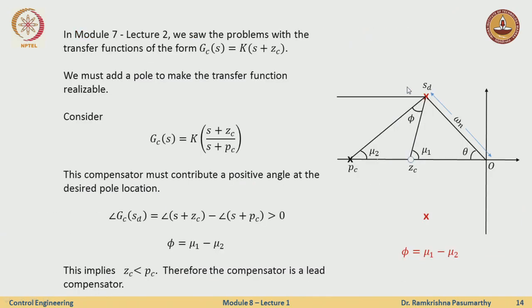Once I know the effect of adding a 0, there is some drawback here: can I just go to the market and buy a controller which looks like this? Well, the answer is no. We had seen earlier, because this is a non-causal system. Somebody in the message forum also asked, what is the inverse Laplace transform of s, and the answer is that it does not exist.